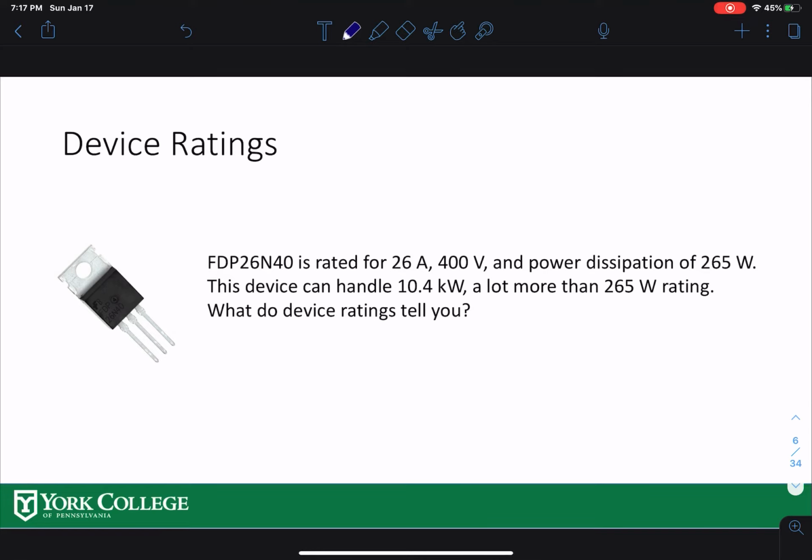All right. If you have a power rating, this is one of the fundamental transistors we use. It has a 26 amp and 400 volt rating. What does it mean? That means this one can carry 26 amps of current, and it can withstand 400 volts. Let me draw the symbol over here. It's a transistor with gate, drain, source.